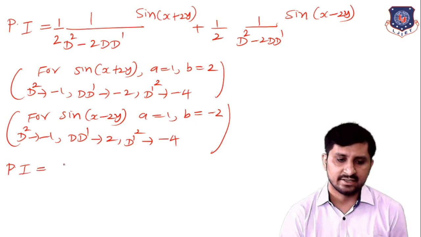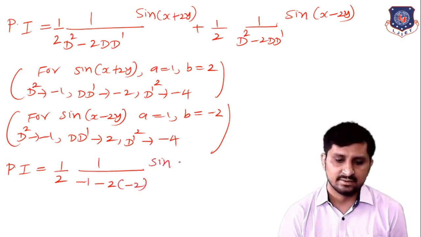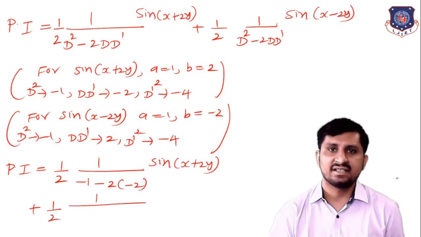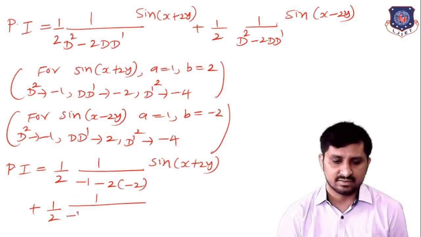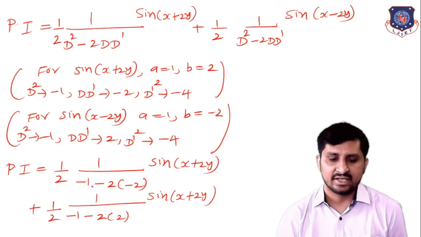So the particular integral is now 1 by 2 into 1 upon, instead of D square minus 1, minus 2 times, instead of D into D dash, minus 2, so minus 2 into minus 2, of sin(x plus 2y), plus 1 by 2 into 1 upon minus 1, minus 2 times 2, of sin(x plus 2y)... So minus 1 plus 4, that is 3 into 2, so 6.